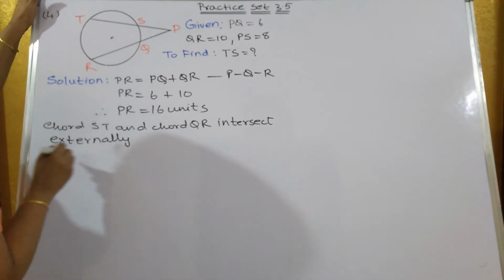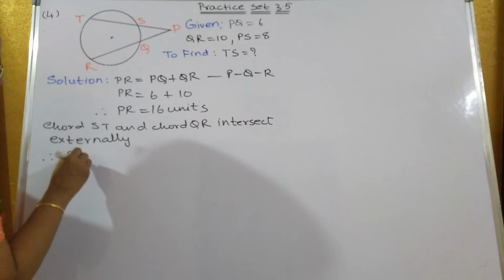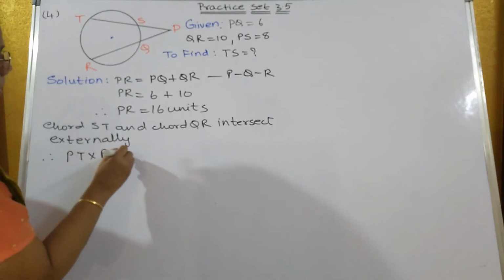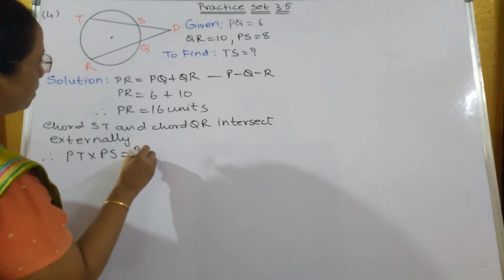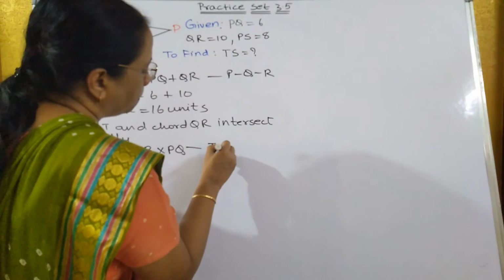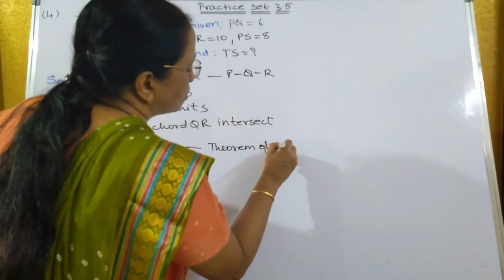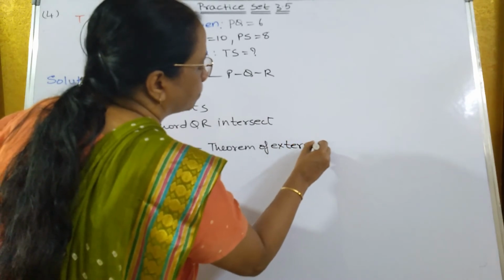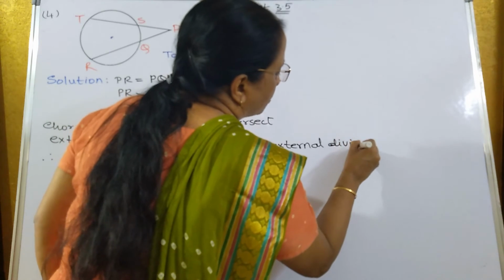Therefore, PT into PS is equal to PR into PQ. Reason, what you'll write? Theorem of external division of chord.